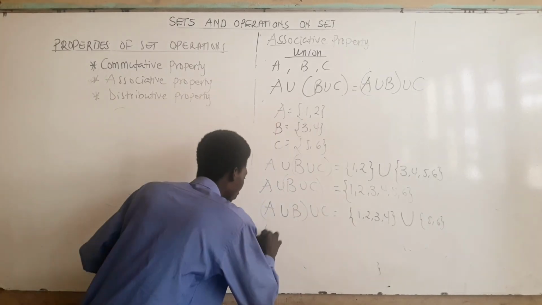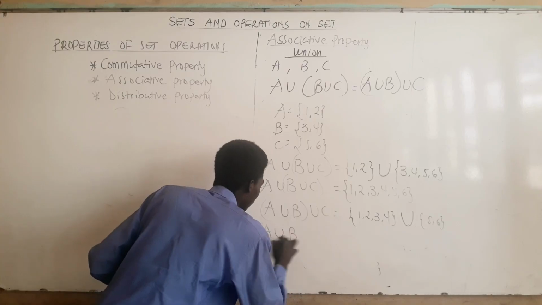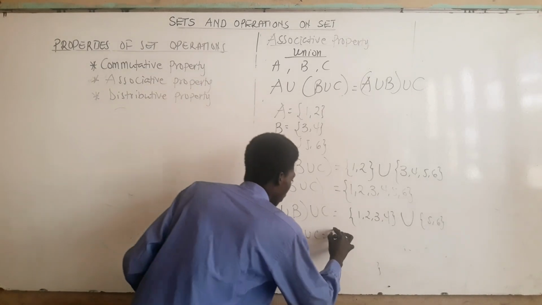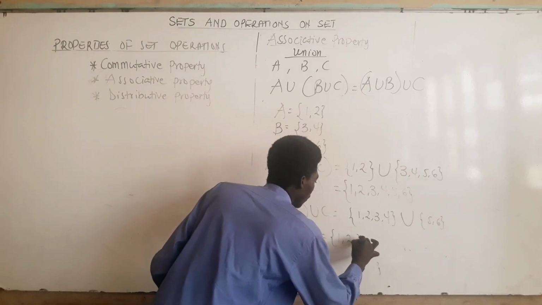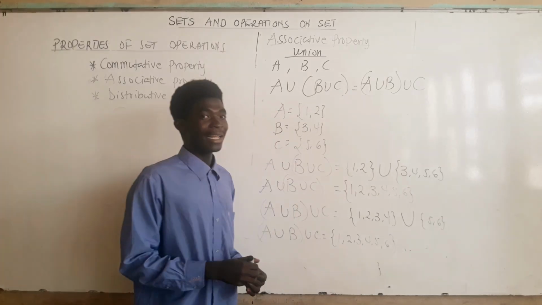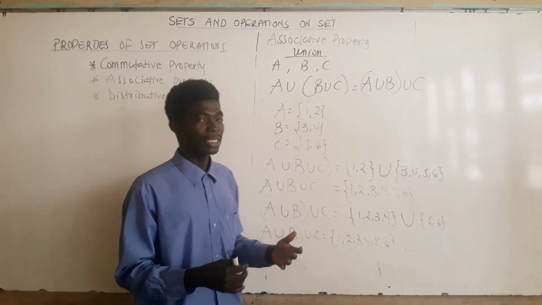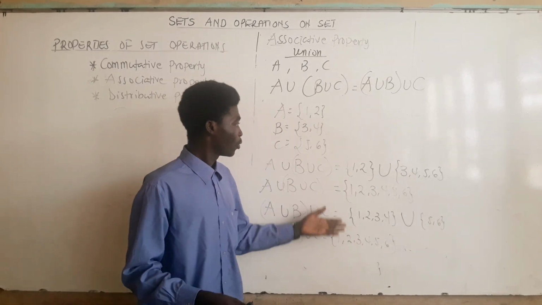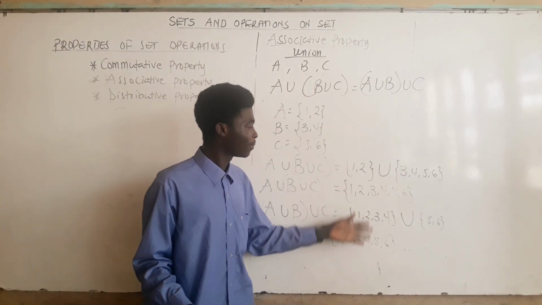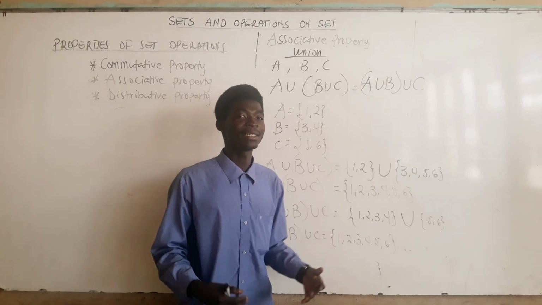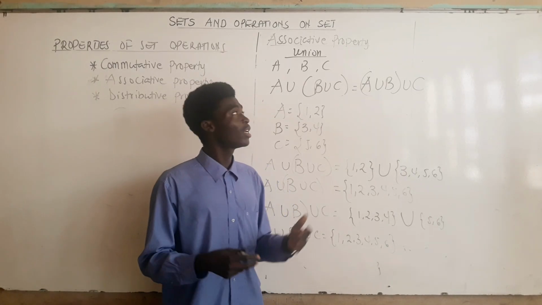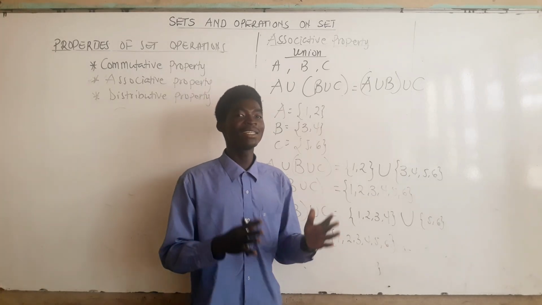So (A union B) union C is going to be 1, 2, 3, 4, 5, 6. And that proves what the associative property is saying. As you can see here, it's the same thing. The results didn't change. So that is the associative property using the operation union.